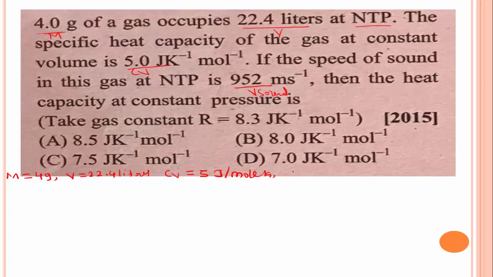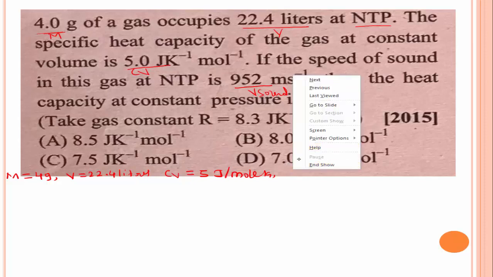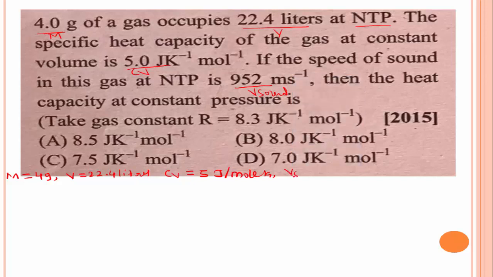Then the speed of the sound, V sound, is 952 meter per second. Then the heat capacity at constant pressure Cp is?